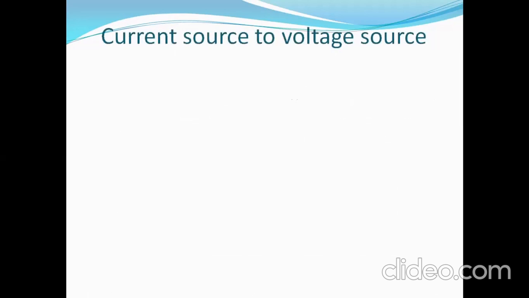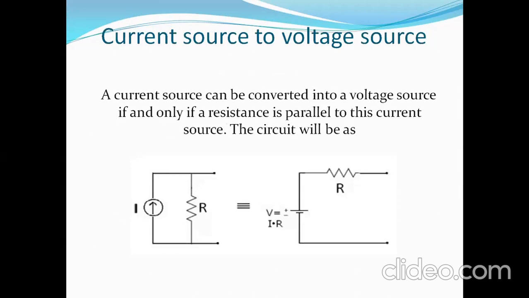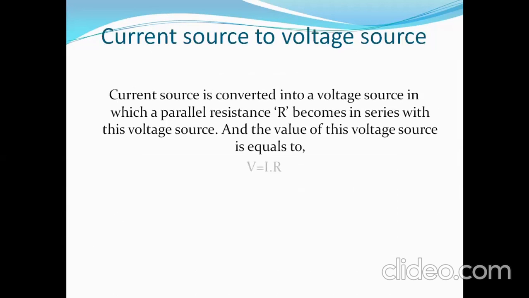Now, current source to voltage source calculation. The current source is converted into a voltage source in which the parallel resistance R becomes in series with the voltage source. So we find it in the last figure. With the voltage source, the resistance is connected in series. And the value of this voltage source is V equals IR.